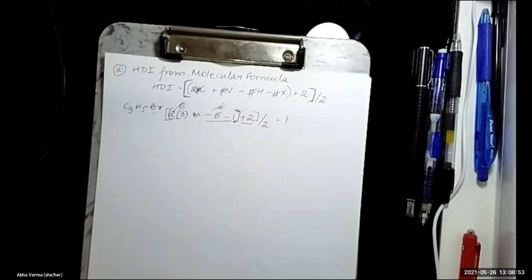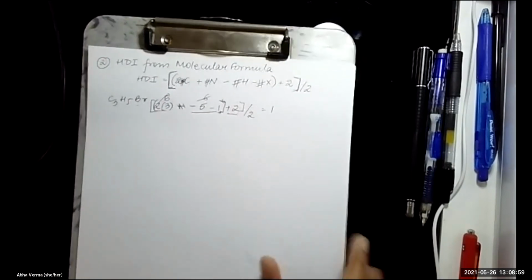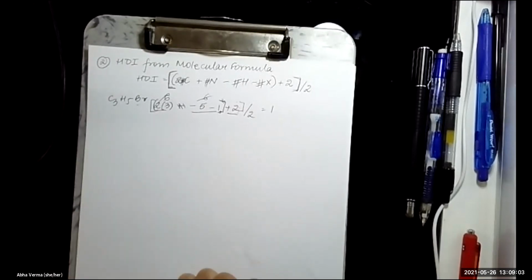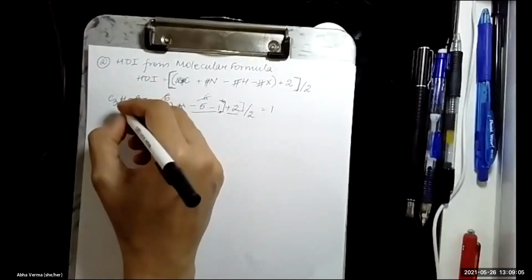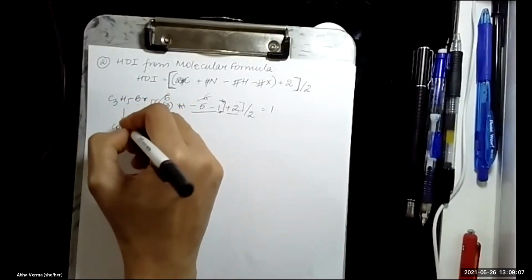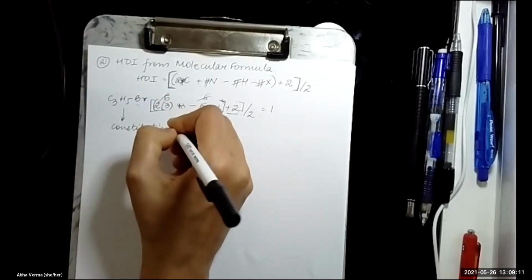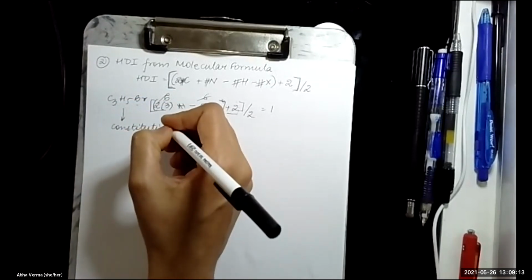In the upcoming isomer quiz and in your exam and in your drill test, you will see that I will give you a molecular formula and I will ask you to draw constitutional isomers from this part.